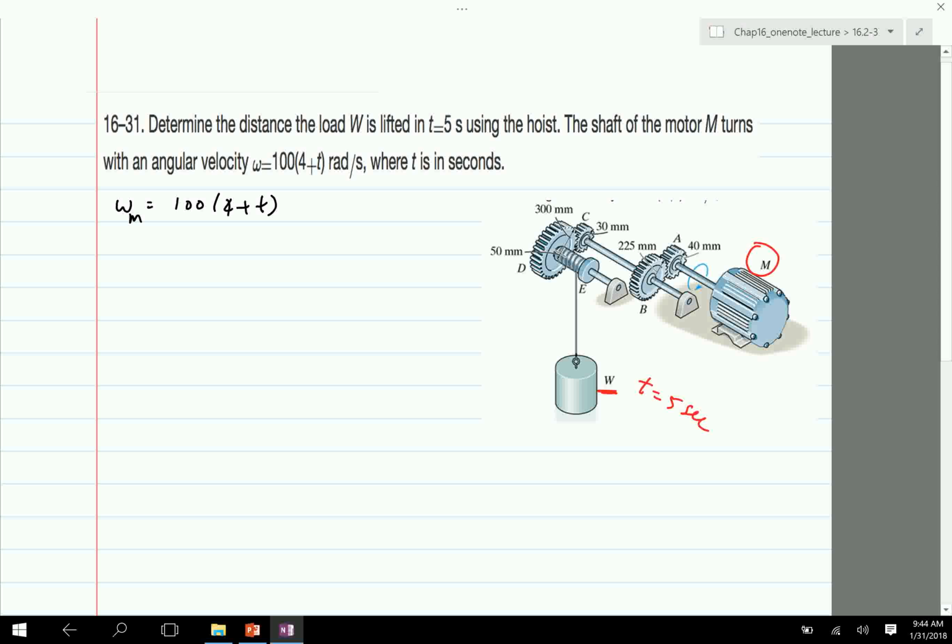So clearly what's happening is, when the shaft turns, it spins A, that spins B, that turns C, that turns B, and that causes this W to rise up, right? But because of all this gearing, it's not a very straightforward relation. You've got to figure out the relation by using the gear ratios, or in this case the radii of the circles, not gear ratios.